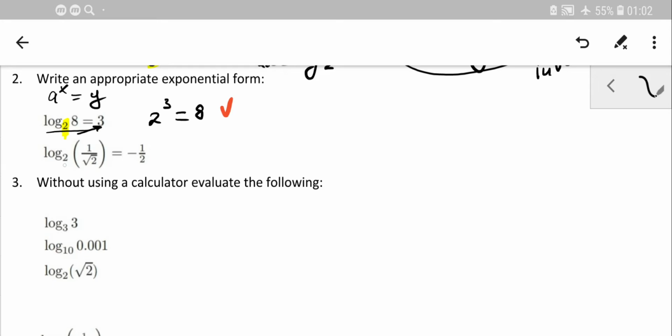All right, so let's do here. We'll need to take base 2 raised to the power negative 1 over 2. Okay, let's do it. 2 with the power negative 1 over 2 will get 1 over square root of 2. So guys, for some students it might not be obvious how 2 to the power of negative 1 over 2 is equal to 1 over square root of 2.